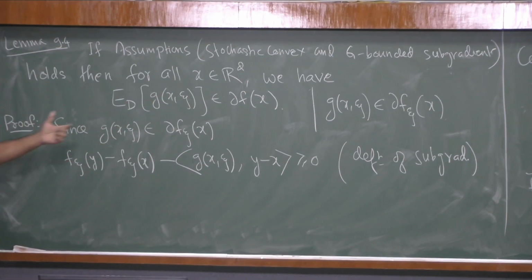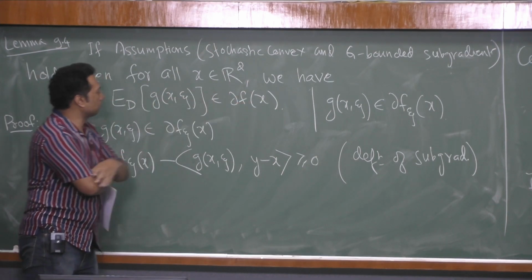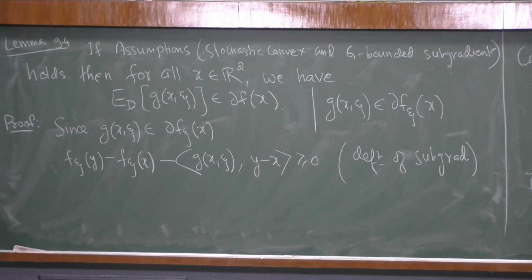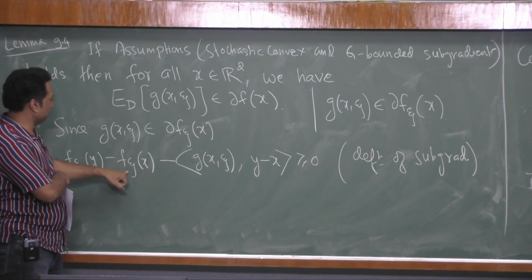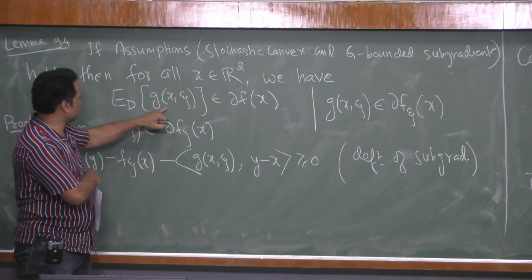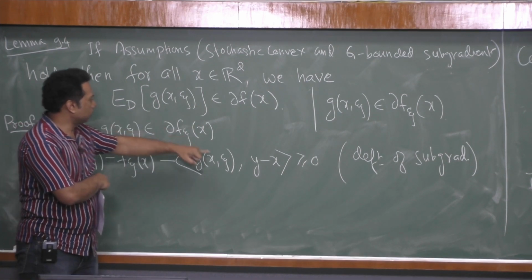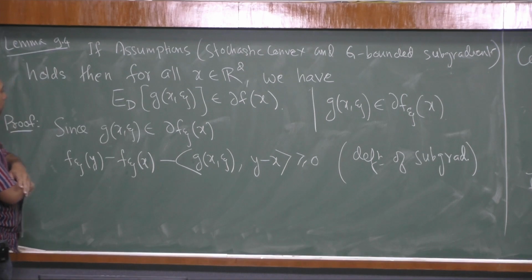Okay, if that happens, then we immediately claim that this is the subgradient of this. So the next step should be just to take the expectation, and we know that the expectation of this guy is f itself, and the expectation of this will be this, and there is nothing else to do here, and it still remains greater than or equal to 0.